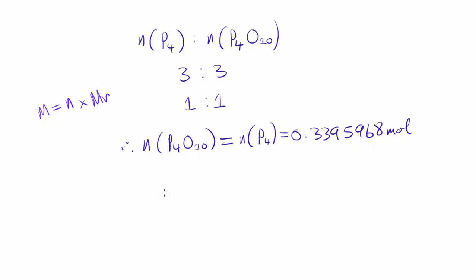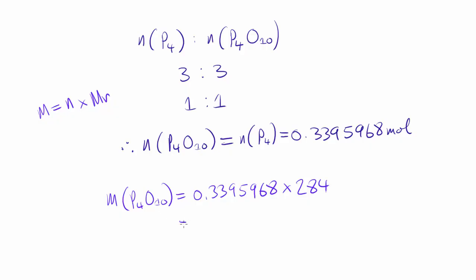So in this case, the mass of P₄O₁₀ is going to be equal to the moles, 0.3395968, multiplied by the molar mass, 284.